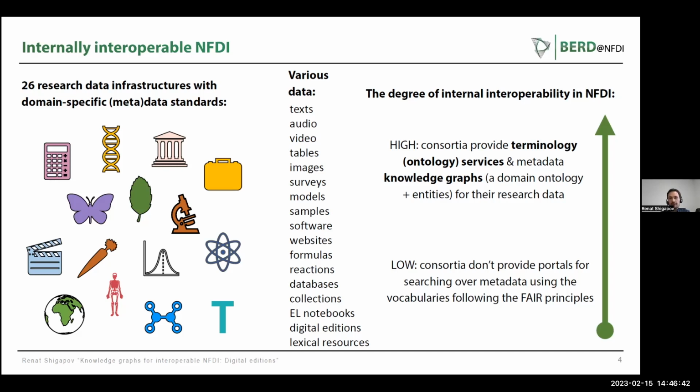And I would say that the degree of internal interoperability would be high if consortia provide, first of all, terminology or ontology services, and secondly, metadata knowledge graphs for their research data. So dominant ontology plus entities.